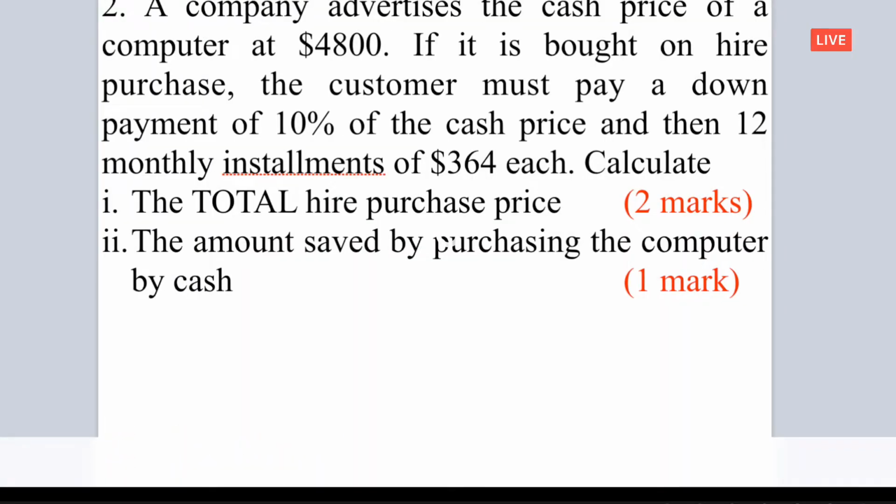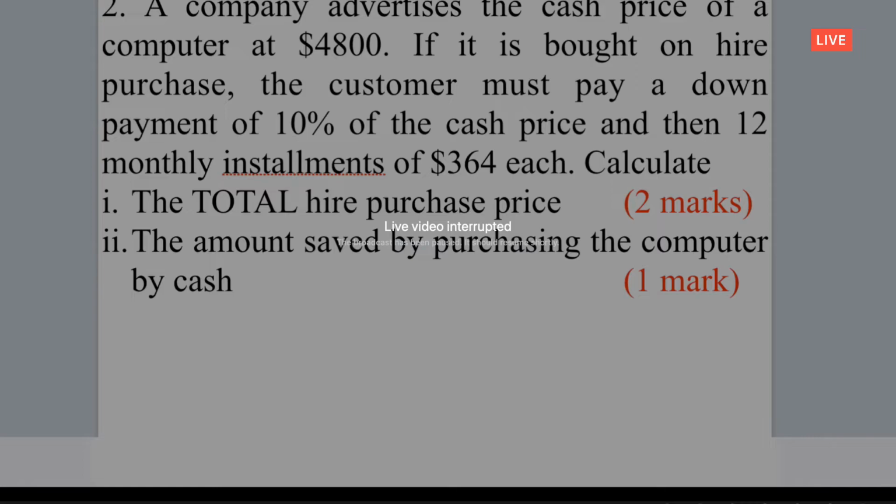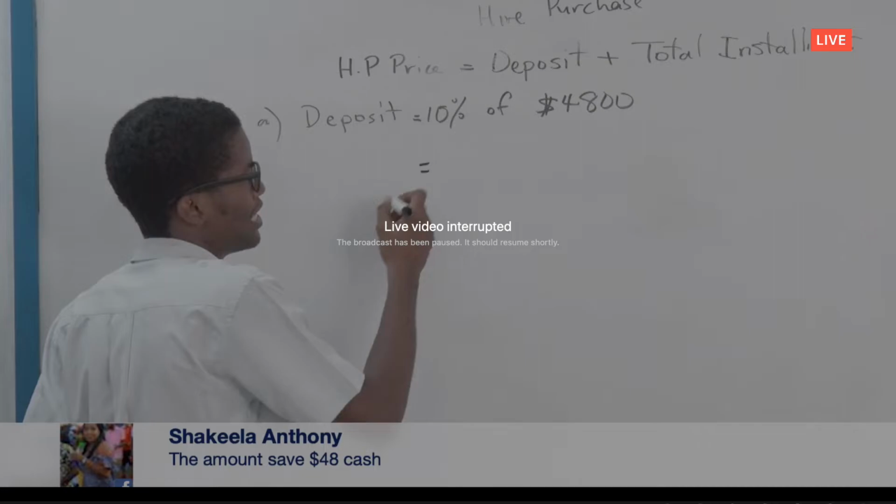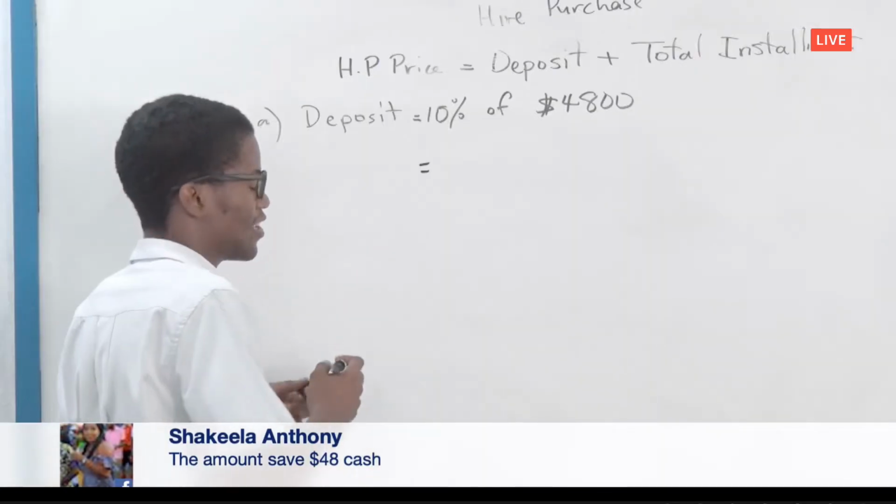So the deposit is 10% of the cash price for the computer.